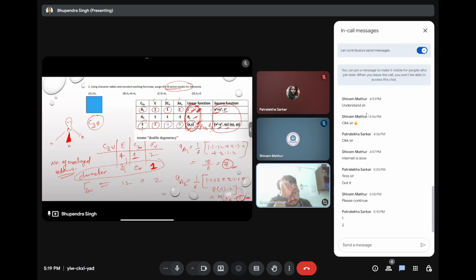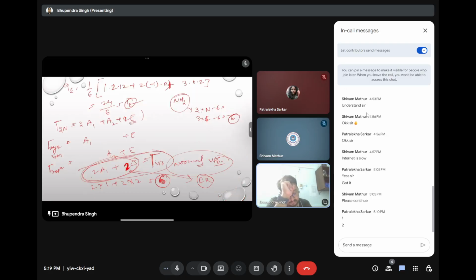So all these six are Raman active also. So for IR it should be X, Y, Z, like linear. And for Raman it is quadratic.